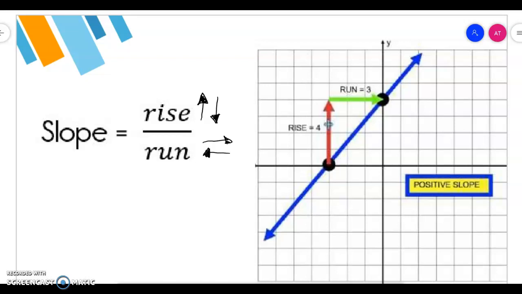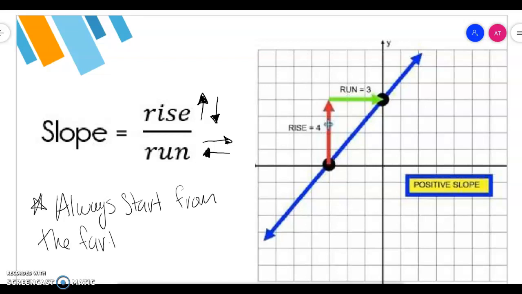It's highly important. One thing that you need to remember when we're doing slope from lines, always start from the farthest left point. Meaning we move from left to right, right?